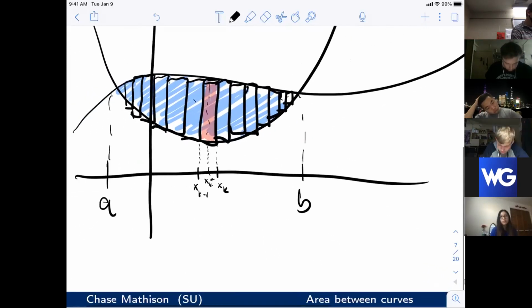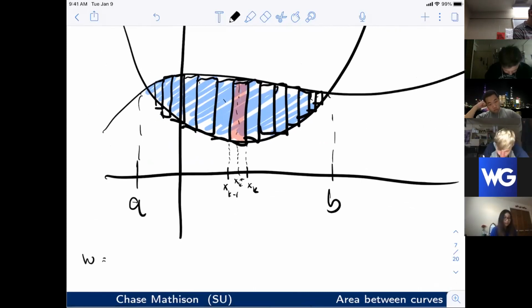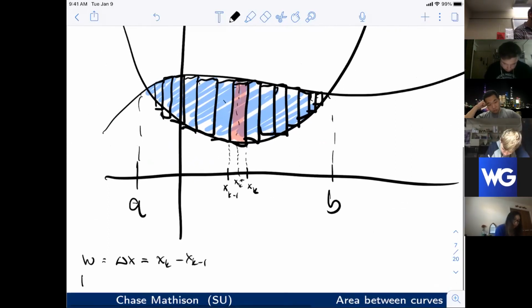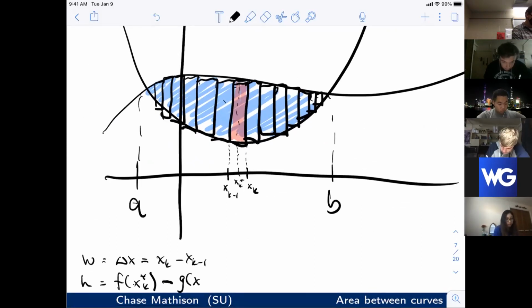So then the width is delta x, which is x_k minus x_{k-1}. The height, you're exactly right, is f of x_k if you're using right endpoints. If you're using left endpoints, it's f of x_{k-1}. And so in general, you can just write f of x_k star to be any old point between those two, minus g of x_k star.